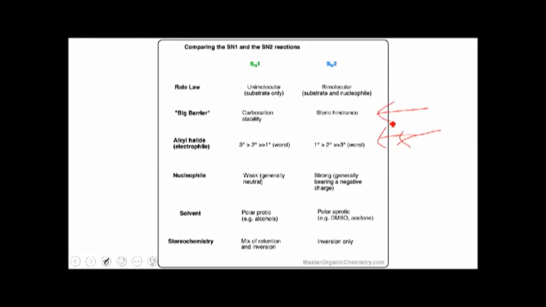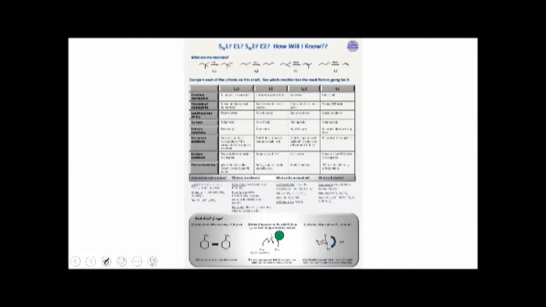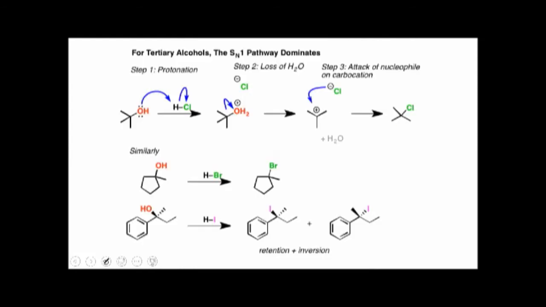But this is substitution. When we talk about SN1 and SN2, we have steric hindrance and carbocation stability. This is something that I found on the internet. It's very good. How do I know that it will proceed to either elimination or substitution? And if it is elimination, is it E1 or is it E2?